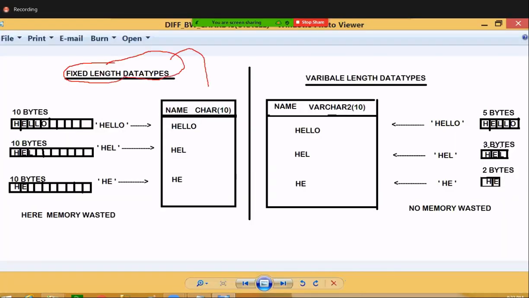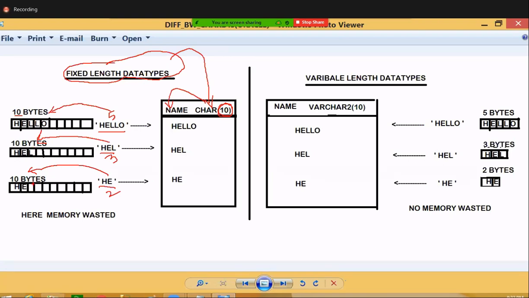Suppose I am using char for the name column, and I gave a size of 10. Now I insert hello, which has 5 characters, but the system allocates 10 bytes. Hell has 3 characters, but it allocates 10 bytes. He has 2 characters, but it allocates 10 bytes, because I gave 10. So whether you insert hello, hell or he, every time it is 10 bytes.